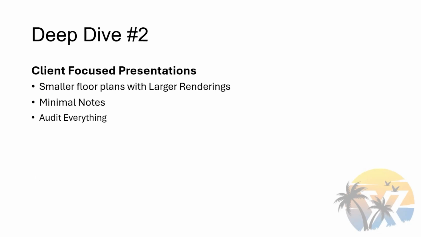And lastly, we decided to audit everything. We asked ourselves, is it needed? Does it need a refresh? And we began with the title block information. So our previous layout, we took a look at what information was there and if it was even necessary.